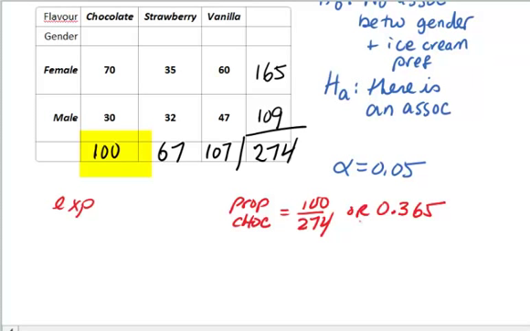Since we're making the assumption that there is no association between the two variables, then we should expect that 36.5% of the women, the females, will prefer chocolate, and we will calculate that to be 165 times 0.365, or 60.2. For expected values, one decimal place would be sufficient in our calculation.